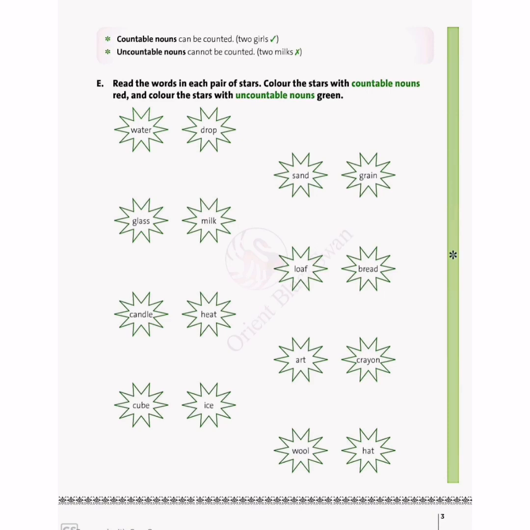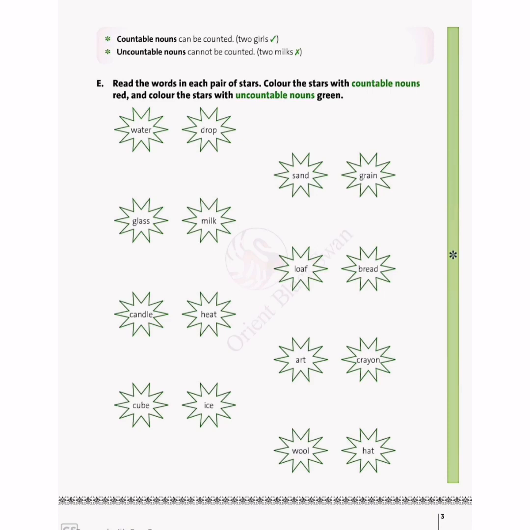Next is loaf. Now loaf is a countable noun because when we say loaf of bread, loaf means pieces. Loaves are the pieces of bread, so we can count 1 loaf, 2 loaves, 3 loaves of bread. So loaf is a countable noun, so we will color this with red. Next we have bread.